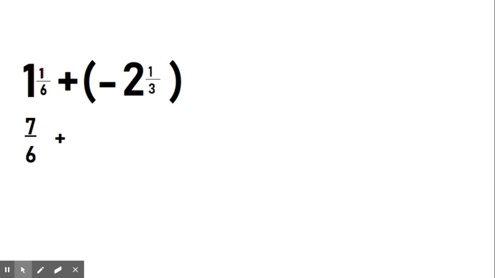And for negative 2 and 1/3, we're going to do the same process. 2 times 3, that's the whole number times the denominator, plus the numerator. 2 times 3 plus 1 is 7. And that leaves us with negative 7/3 because the 2 and 1/3 was negative, so we need to carry that over to our improper fraction as well.